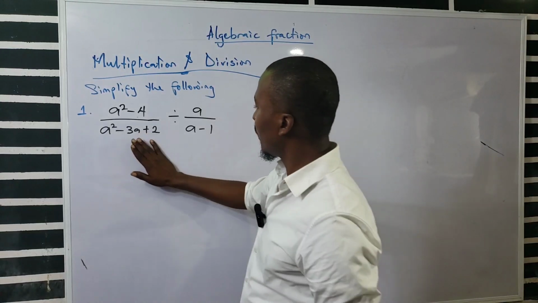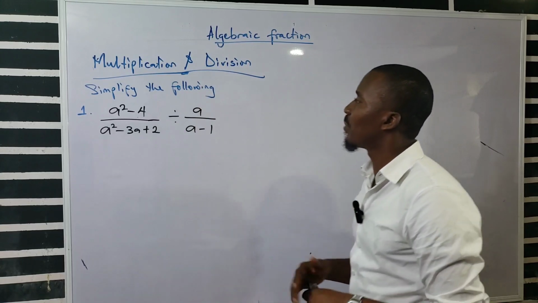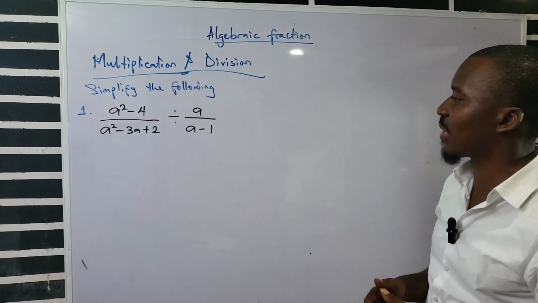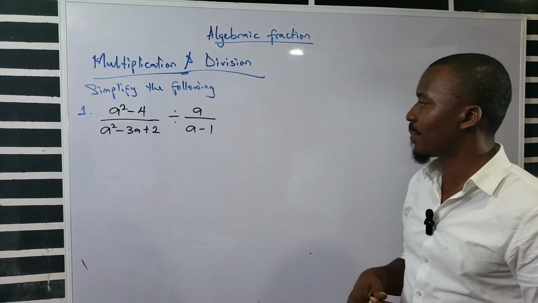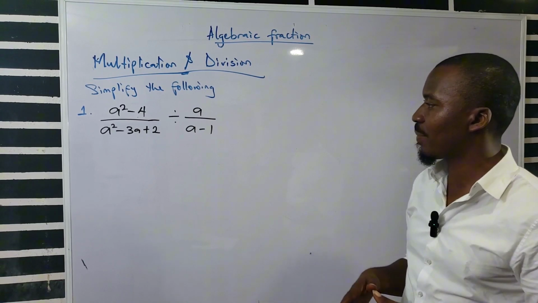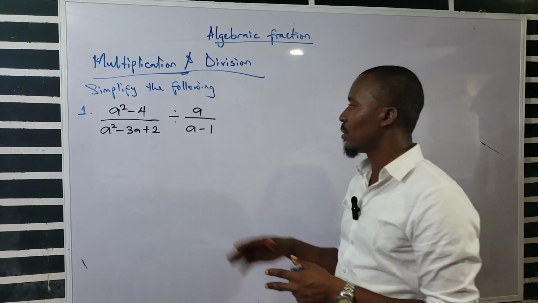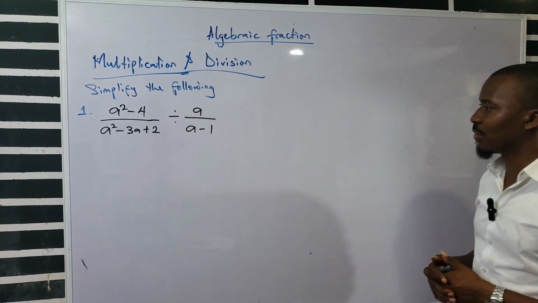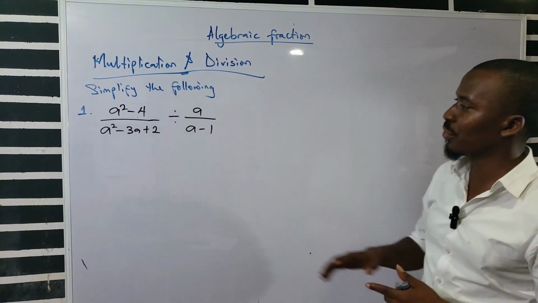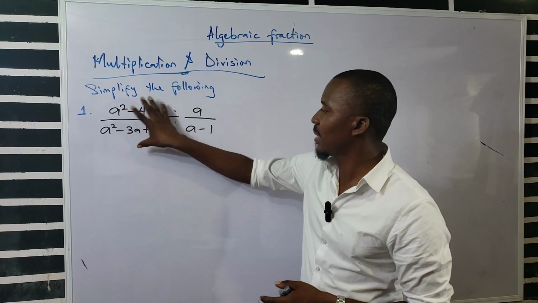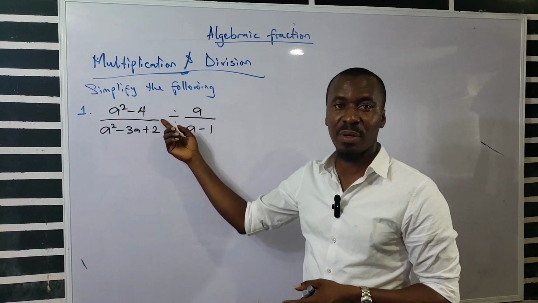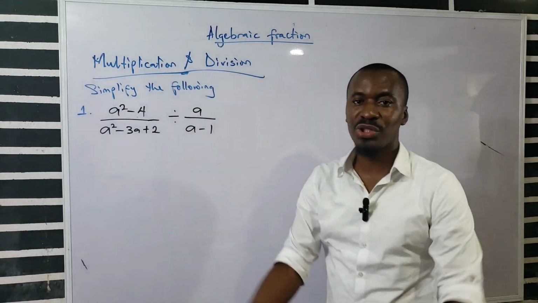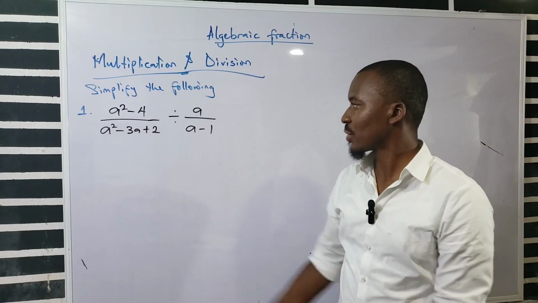So the first problem we are going to have under multiplication and division of algebraic fraction is a square minus 4 all over a square minus 3a plus 2 divided by a all over a minus 1. So all you need to do is factorize this. Of course, you have division here, you change it to multiplication. So let's factorize.